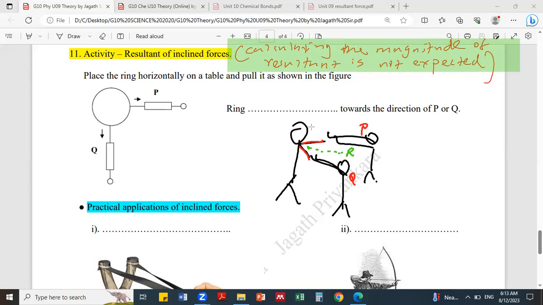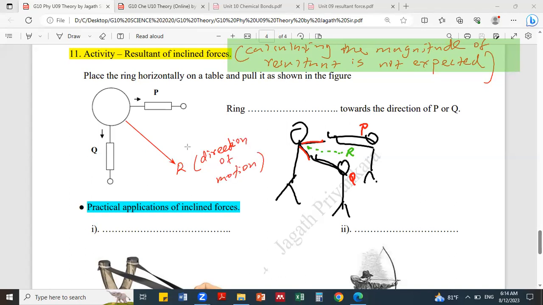Now, example. That is the motion, that is the direction of motion. Can you mark here R?